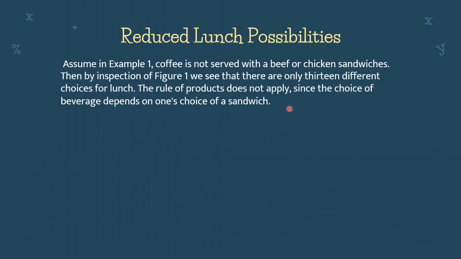Kasi yung ating second operation or P2, which is our beverages, is nakadepende siya sa ating P1 na sandwiches. So, sabi kanina sa rule, dapat independent yung ating second operation sa first operation para ma-apply natin yung rule ng product. So, yun yung dapat nating tandaan.